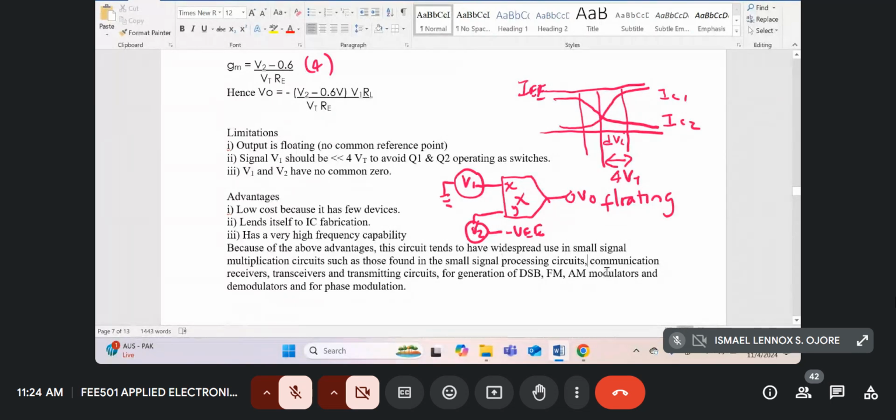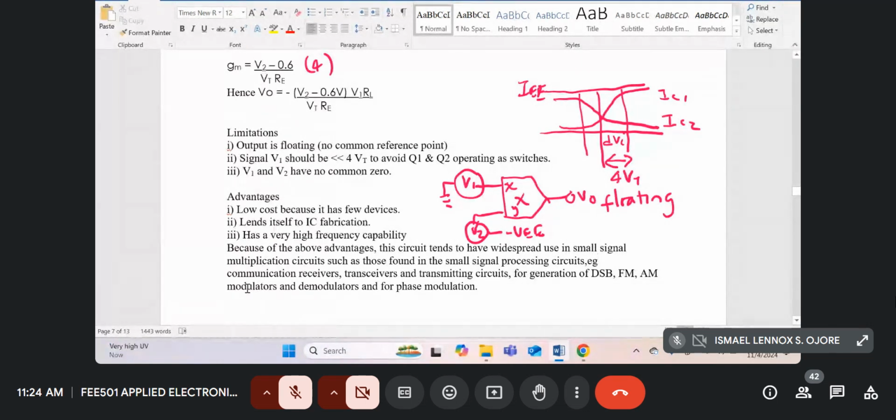You can say, let me put there, e.g. communication receivers, transceivers, transmitting circuits, for generation of DSB or double sideband signals, FM signals, AM signals, modulators.